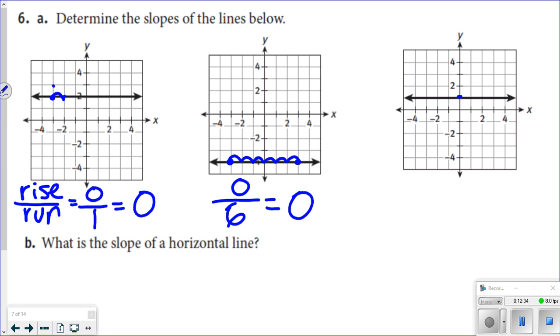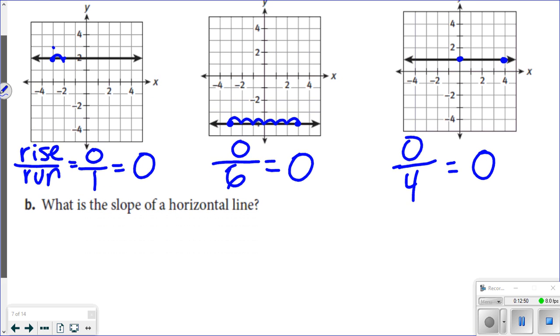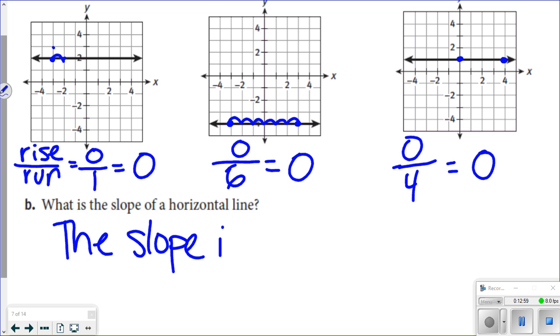Let's say I put a point here and here, I'm rising 0 and I'm running 4. I have 0 candy bars for 4 people, they get 0. All 3 of these are horizontal lines. The slope of any horizontal line is always 0.